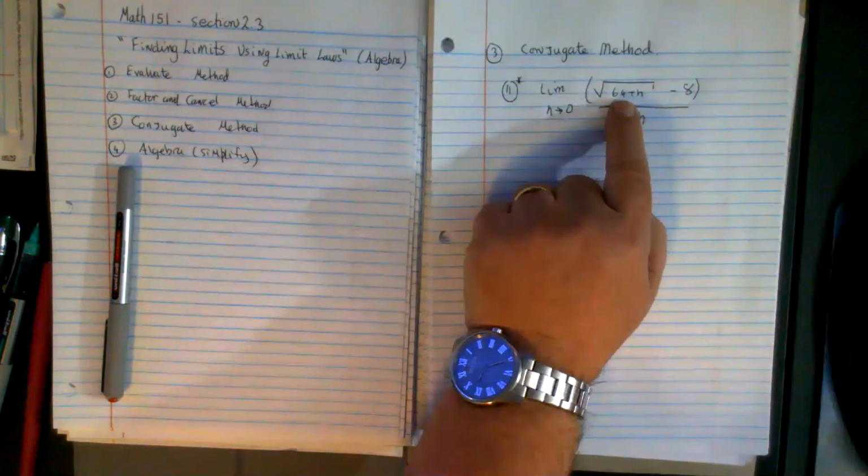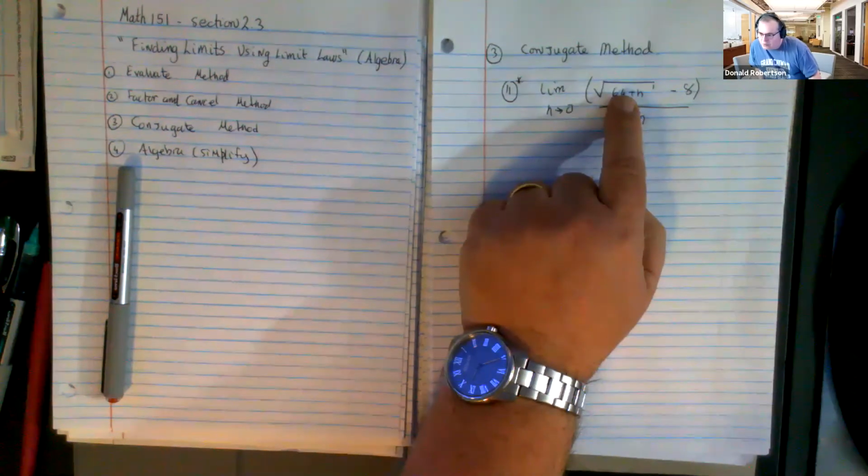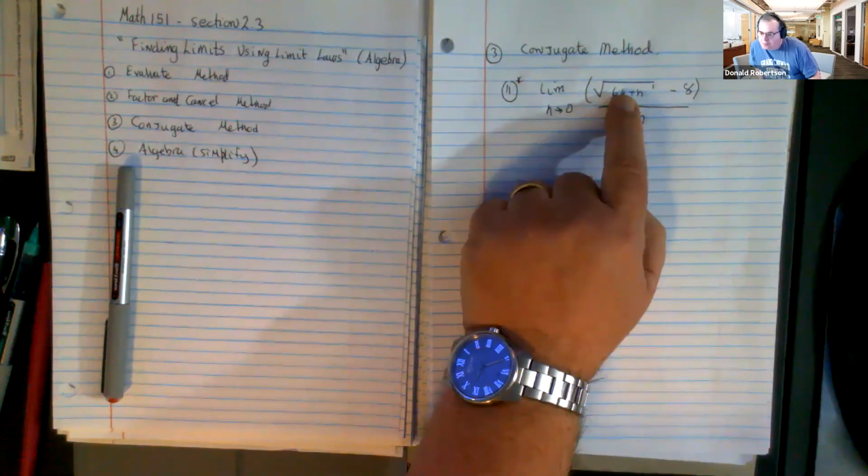It's the limit as h tends to 0 of the square root of 64 plus h, take away 8, over h. That's what I mean by there's a square root involved. So do you see this guy here, the square root? That means conjugate method.